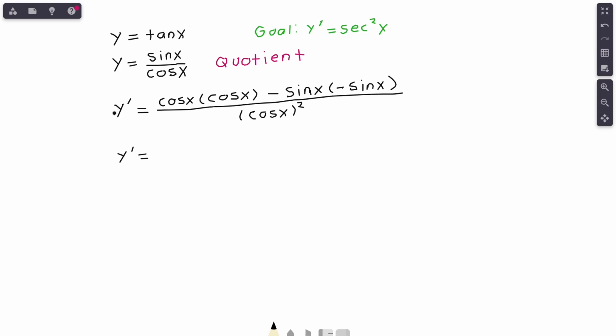So this right here is actually our derivative. Now this just becomes a matter of simplification. So cosine of x times cosine of x, well, that is just cosine of x squared. So this right here in blue is cosine of x squared.